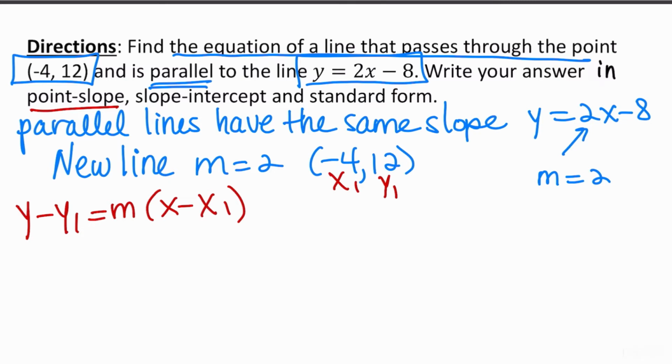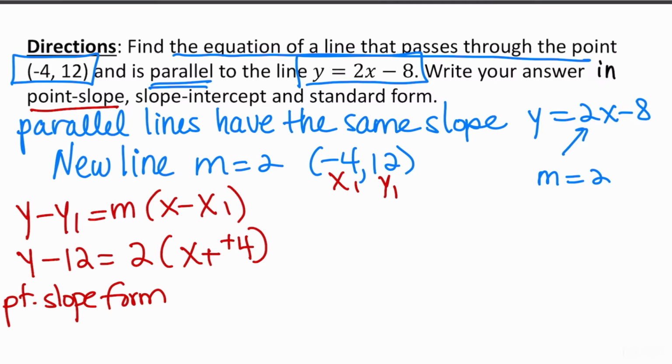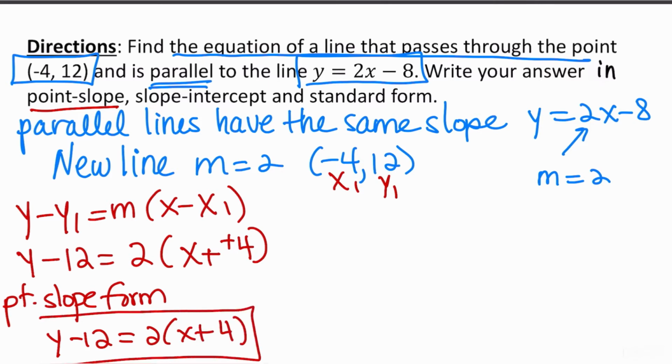So I'm going to write y minus 12 is equal to the slope, which we said is 2, because since it's parallel to the other line, it has to have the same slope, times x minus x1, which happens to be -4. So in this case, negative is a positive. So my answer in point-slope form is y minus 12 equals 2 times (x plus 4). So this is my answer right here.